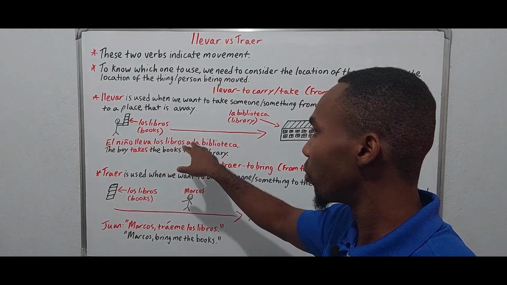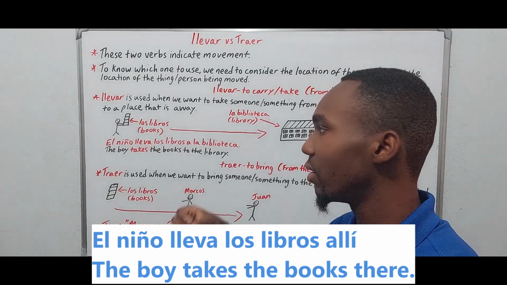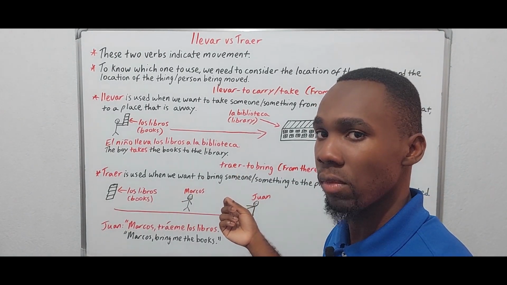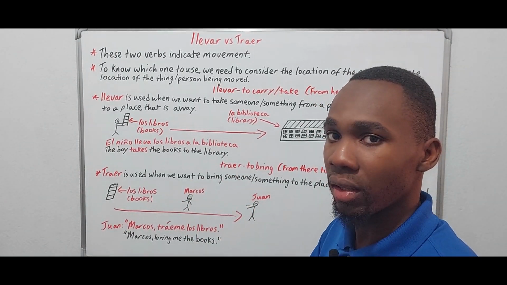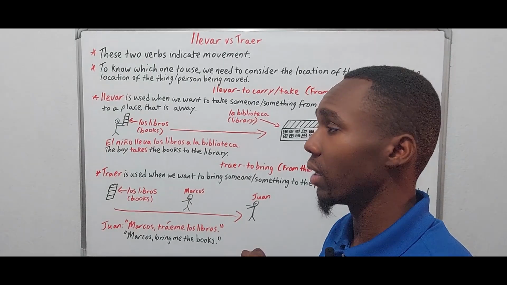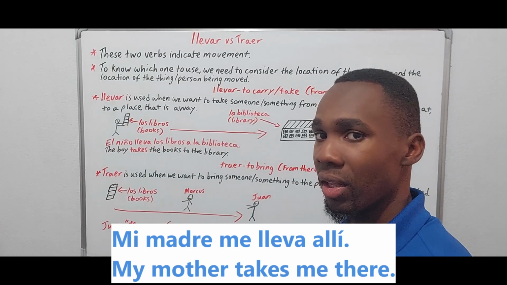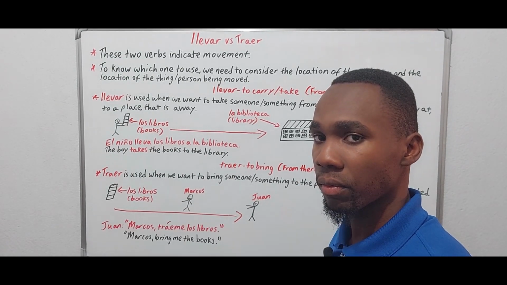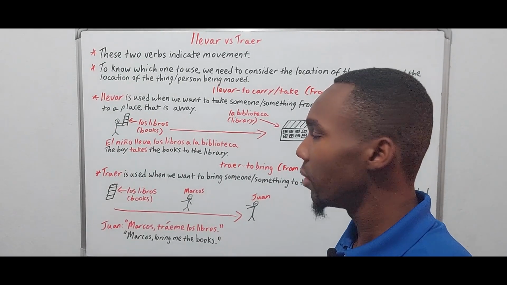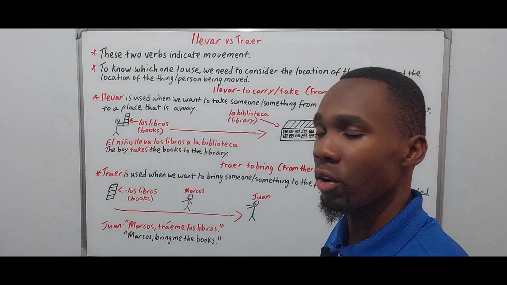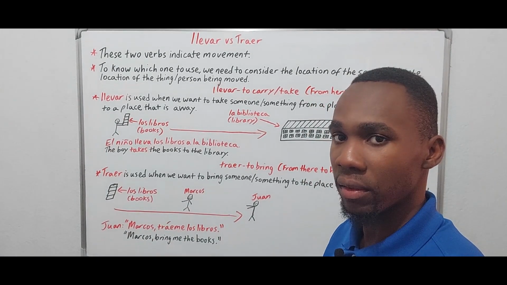El niño lleva los libros ahí. The boy takes the books there. In my example with a person, I could say, mi madre me lleva ahí. My mother takes me there. So just remember, with llevar, it involves movement away from the speaker.